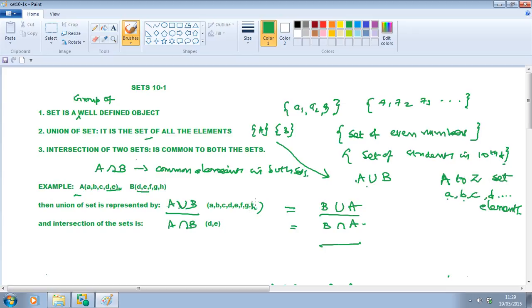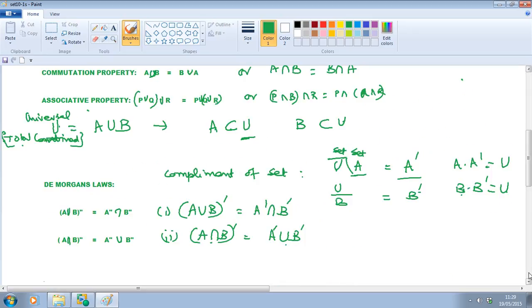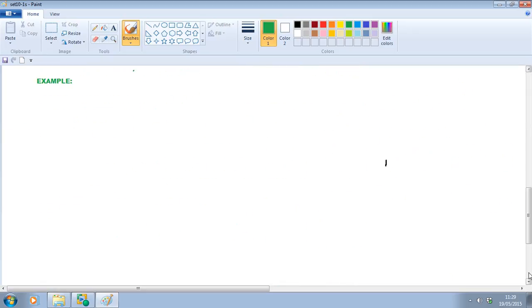The union of sets is represented by A union B. The intersection of sets is represented by A intersection B. They are governed by associated laws.